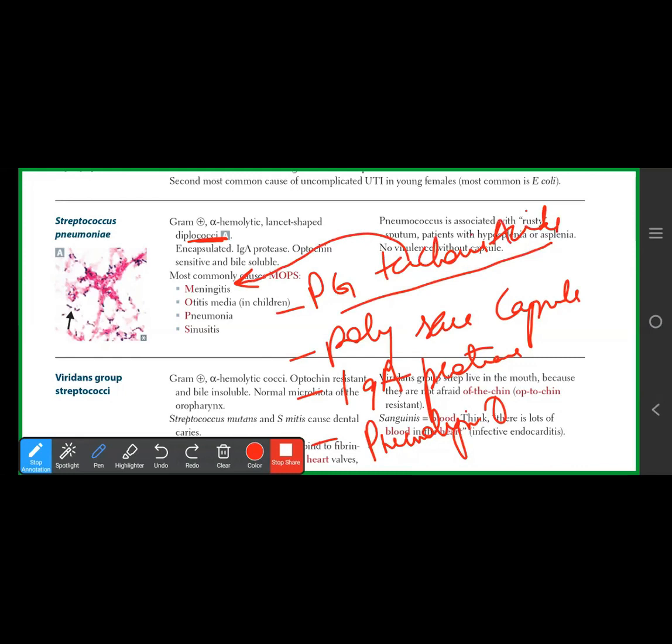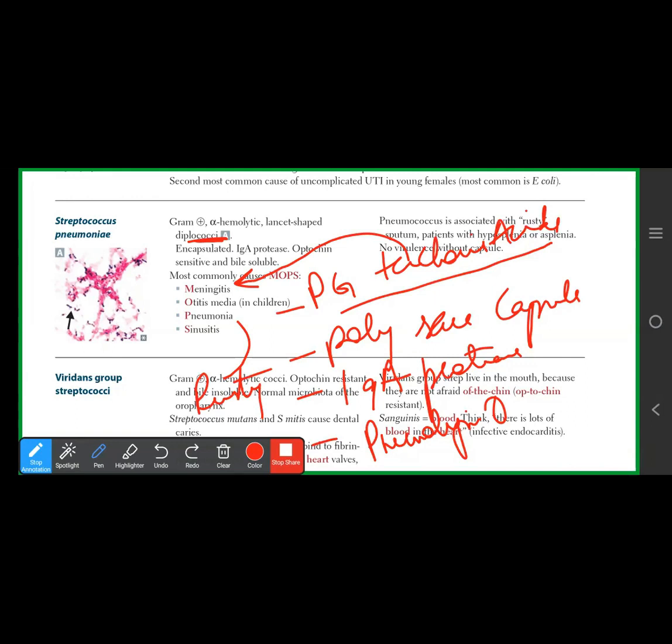Streptococcus pneumoniae, if it's an adult, it's going to be meningitis. If it's a child, it's going to be otitis media. If it is a patient who's coming with pneumonia with the presentation of rusty colored sputum, I'm going to think about bacterial pneumonia caused by Streptococcus pneumoniae. They can also cause sepsis and sinusitis, but I want you guys to remember one more thing.